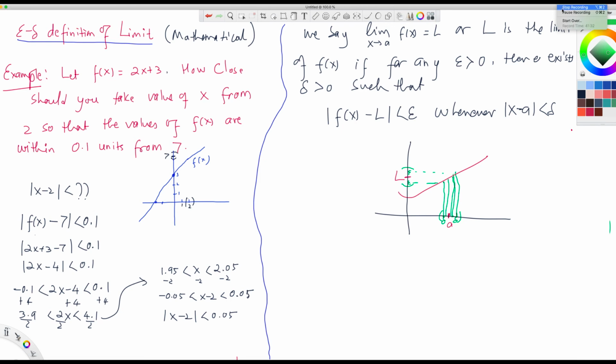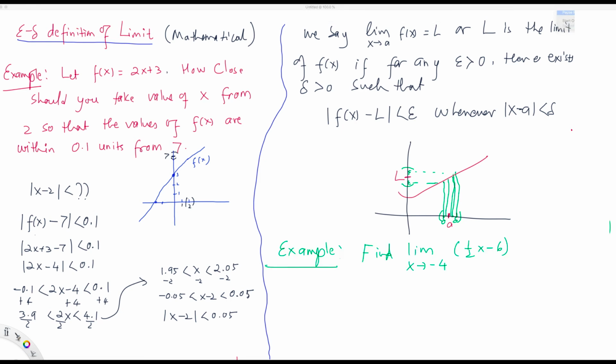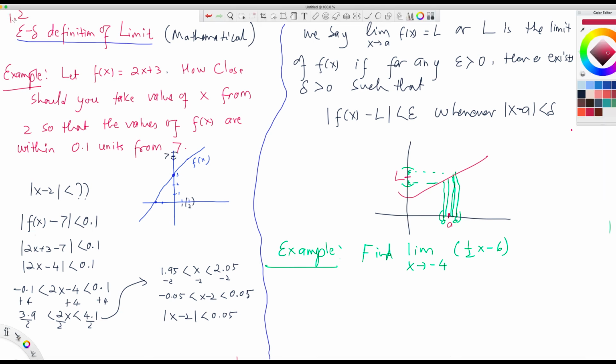Okay guys, the last example that I want to give on section 1.2, we are still on section 1.2, is this example. Find the limit as x tends to -4 of 1/2 x minus 6. What does that mean? It means when the value of x is close to -4, where does the height of this function go? How much would be the height of the function?